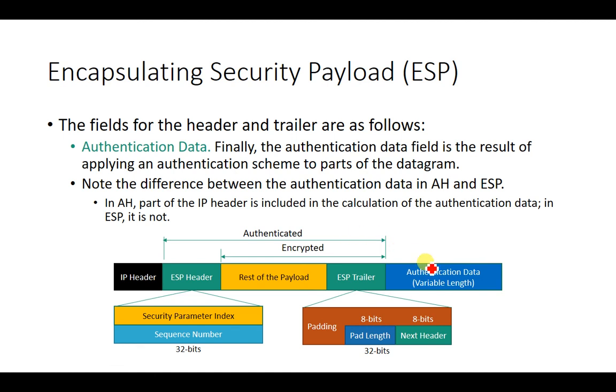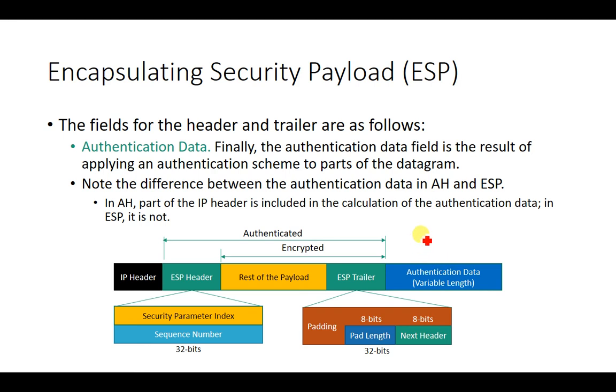Then next one is your authentication data. So how is it calculated? Finally, the authentication data field is the result of applying an authentication scheme to parts of the datagram. The entire datagram is not used for finding the authentication data.